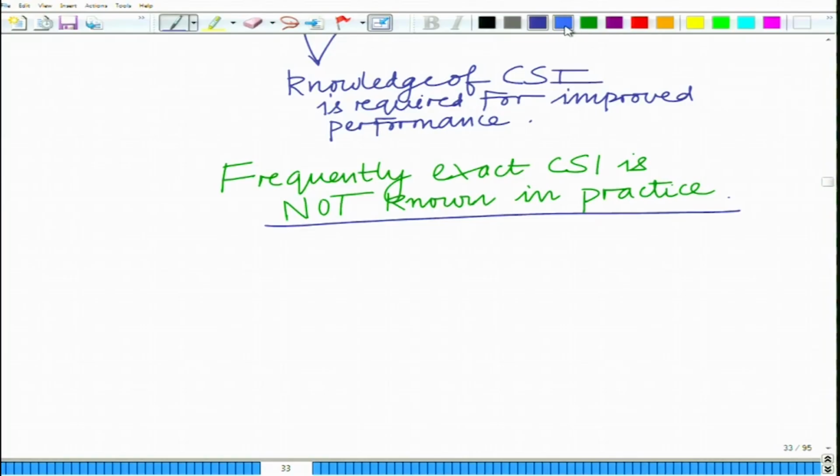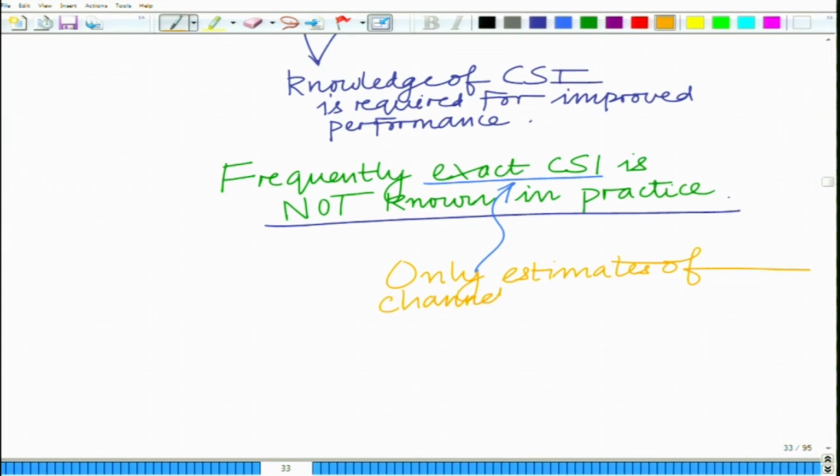Okay. So, exact CSI is not known, only estimates, or basically you can think of these as approximate values, only estimates of channel coefficients or CSI are known.